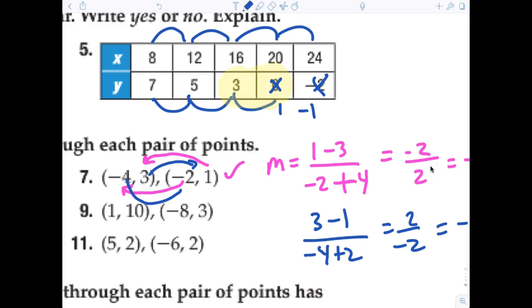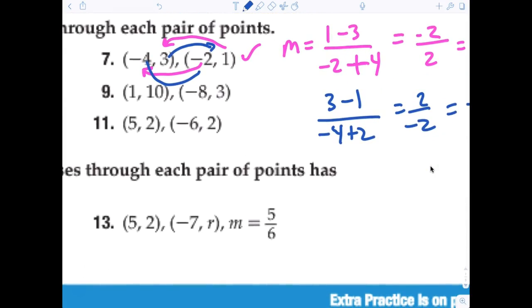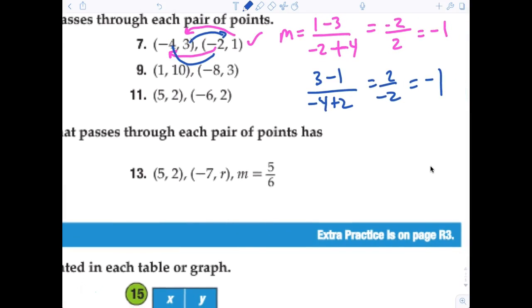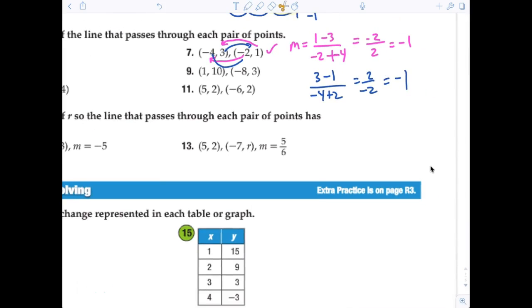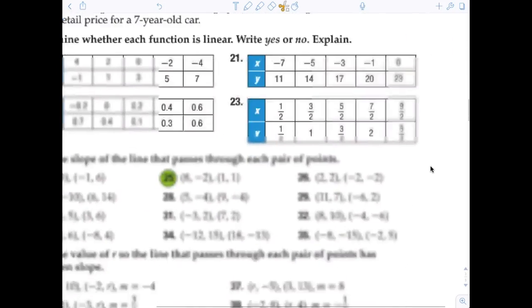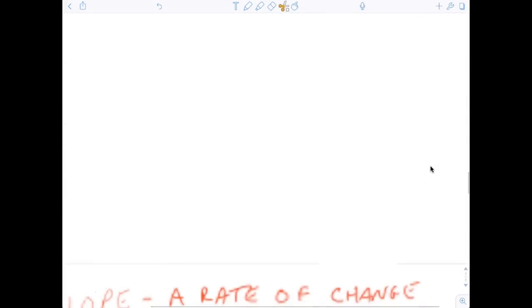All right. Now, we already did number 7, so let's take a look at number 9. What I'm going to do is drop 9 through 13 down. All right, here we go, guys.